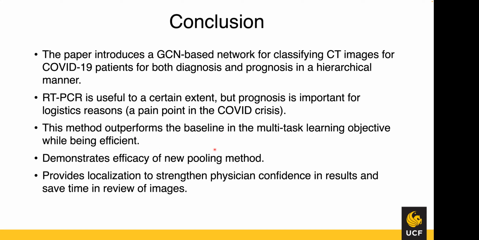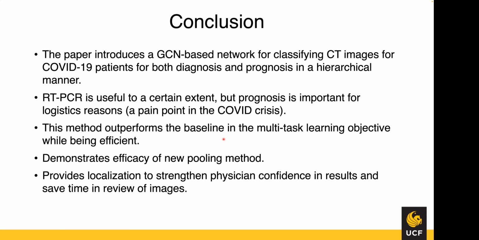They introduce a new pooling method and show that it is an upgrade. Maybe it doesn't achieve better accuracy, but twice as fast is a significant boost for sure. And lastly, they are able to provide localization to not only save time, but also strengthen the confidence in the results and improve interpretability.